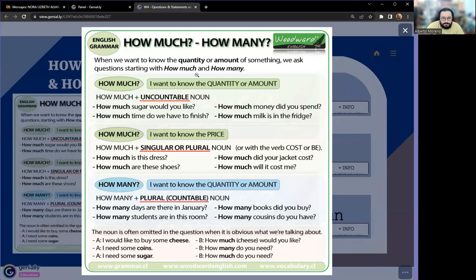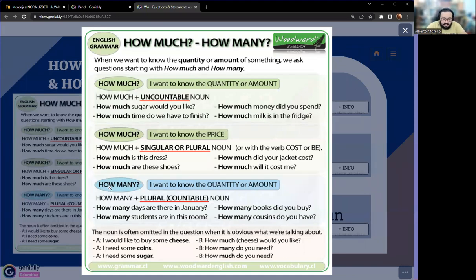Ahora, recuerden, how much para cantidad es con sustantivos no contables. How much para precio puede ser con sustantivos contables, tanto en singular como en plural. Sin embargo, si quisiéramos preguntar sobre la cantidad de un sustantivo contable, no podemos utilizar how much. Debemos utilizar how many.